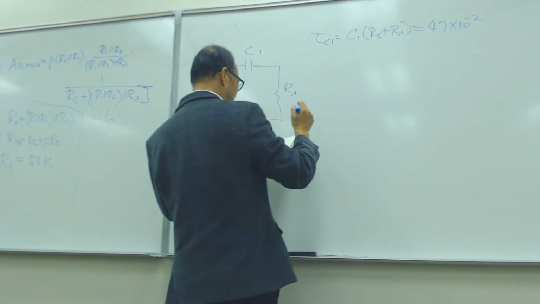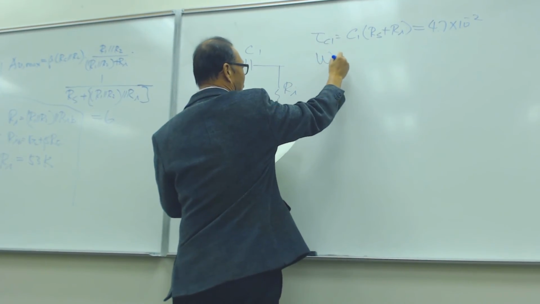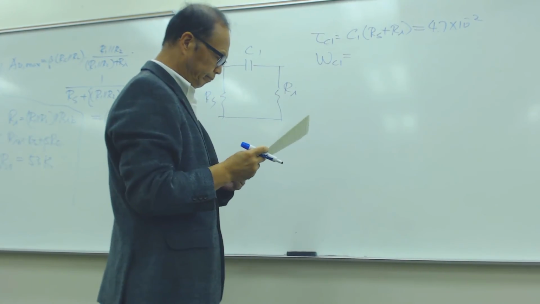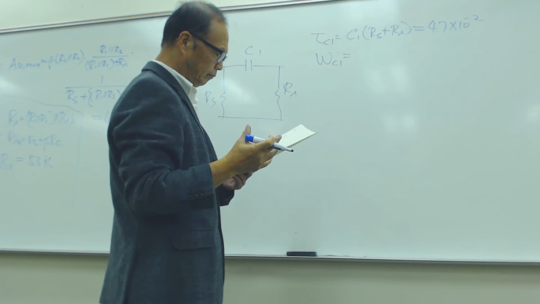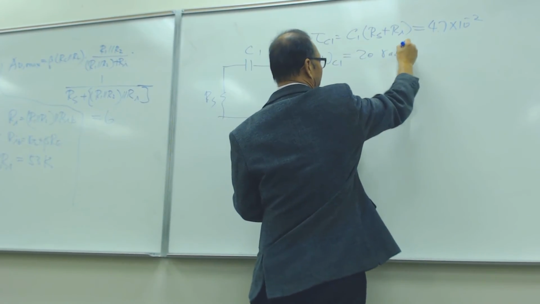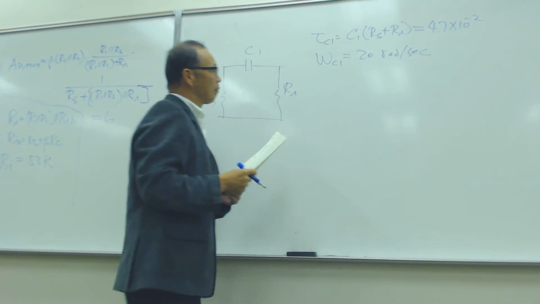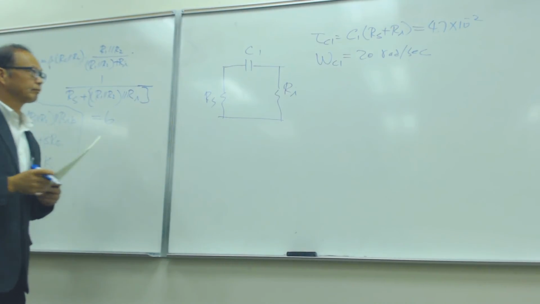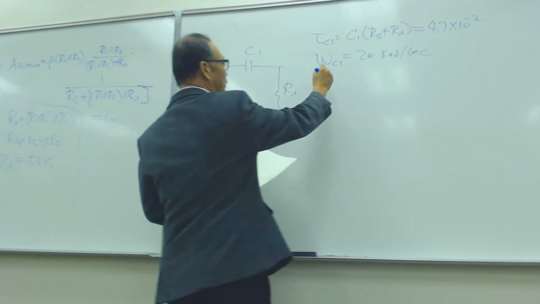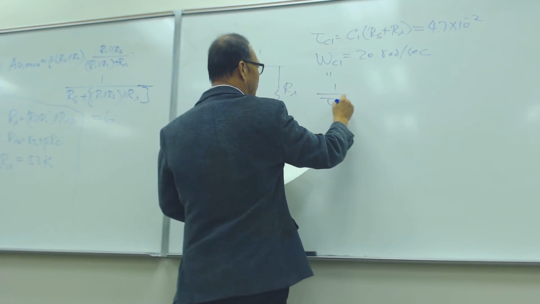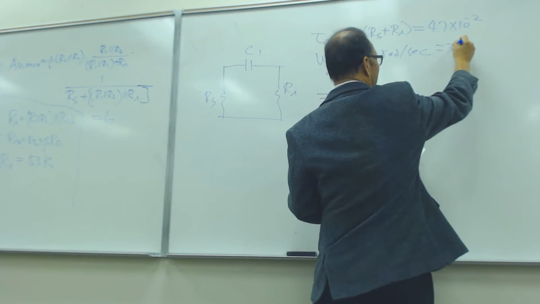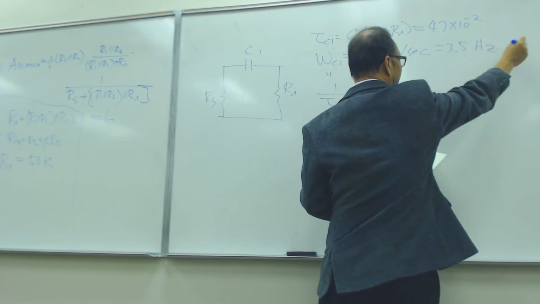So omega C1, which is 1 over tau C1, is about 20 radians per second, or about 3.5 hertz.